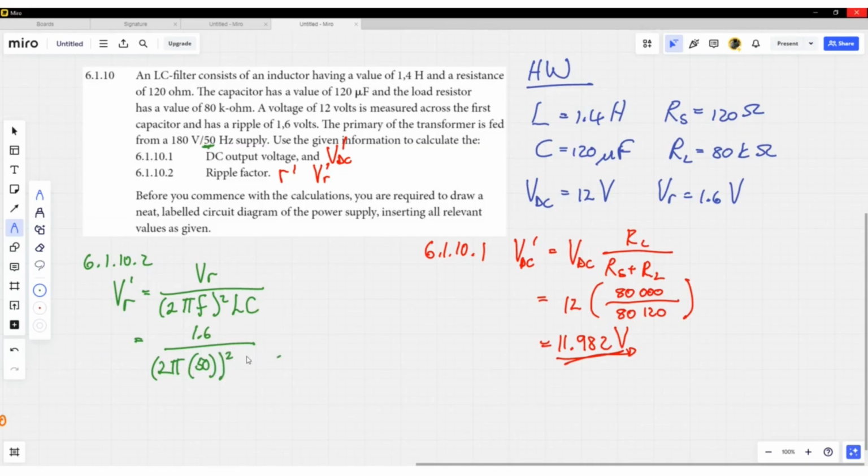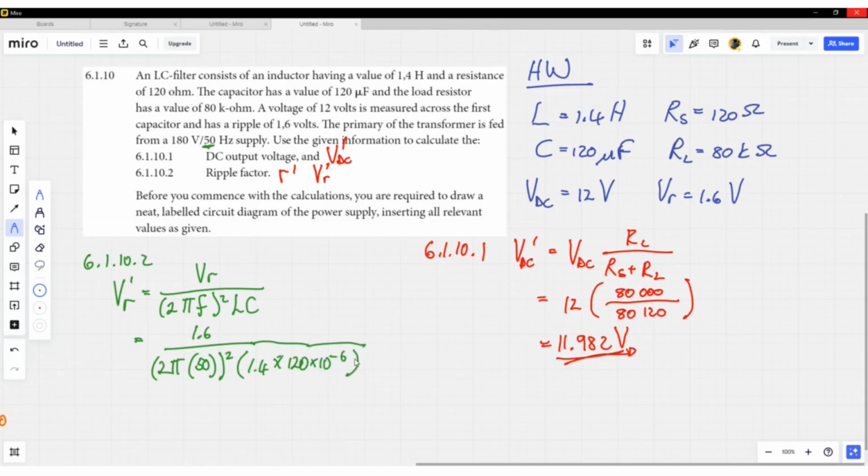So guys, be careful, read your questions and make sure you're using the right frequencies. Even in exams, they sometimes use 50 and 60 hertz back and forth, so be careful. That is then 1.4 multiplied by 120 times 10 to the minus 6.